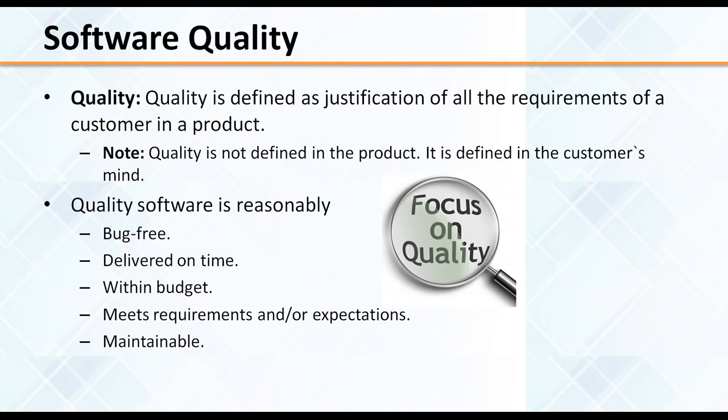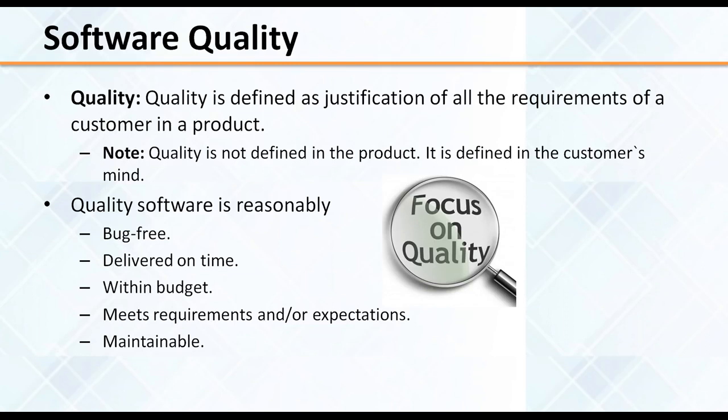You cannot say that is a quality product, because within the time frame and within the budget the customer has given, we should be able to develop the software. That's the main criterion. Otherwise, the timelines will be crossed, the delivery to the customer will be delayed, and at the same time they have to pay extra money to the vendors or IT companies.